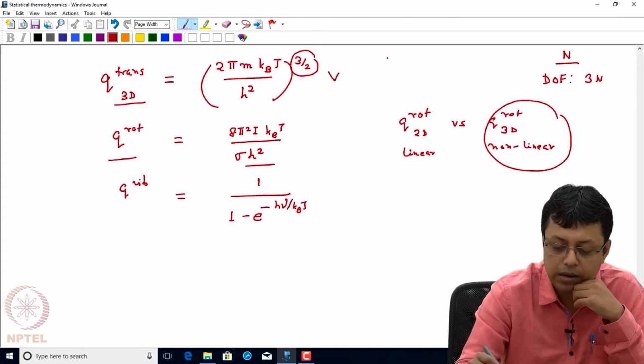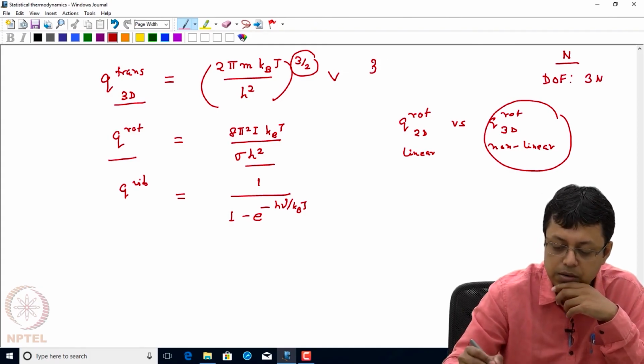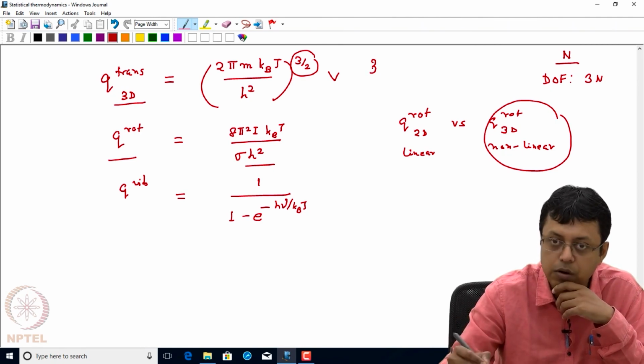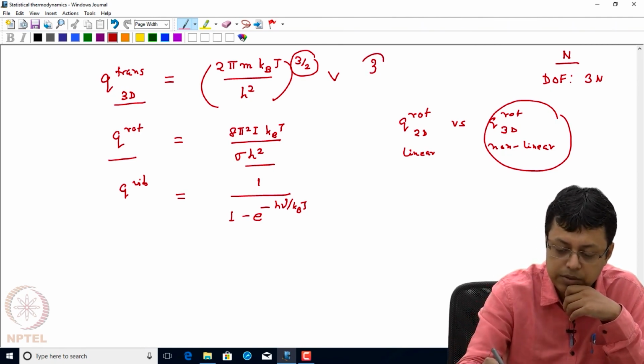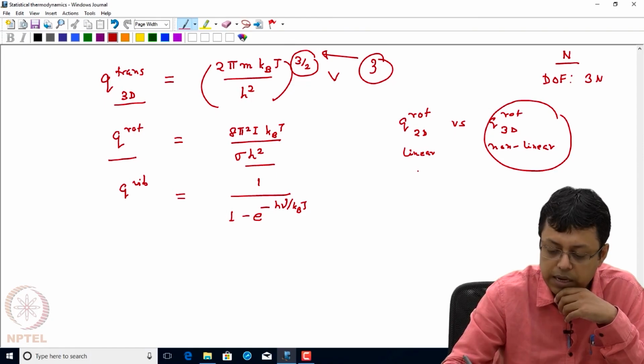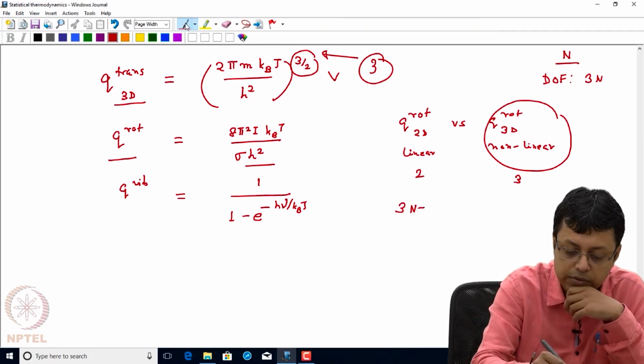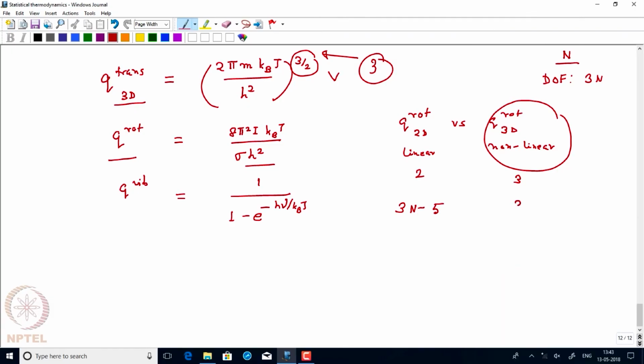So there will be 3 translations, and depending on whether the molecule is linear or non-linear, by the way, this 3 is giving rise to this 3 by 2 factor, I can have 2 rotational degrees of freedom or 3. So we'll have 3n minus 5 or 3n minus 6 vibrational degrees of freedom. Each vibration will have a characteristic vibrational frequency ν, and what I'm writing is actually for a particular vibrational degree of freedom.